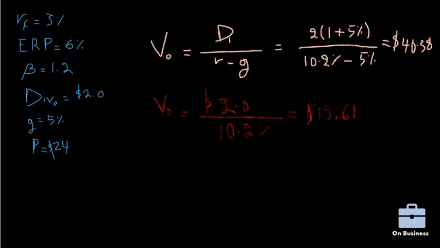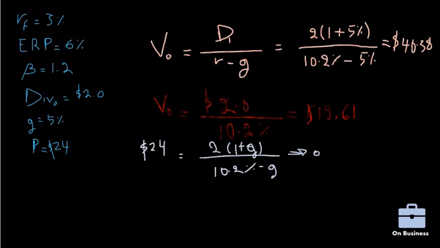I'll set the price equal to the value, so the price equals the value equals $24, and I have in the numerator 2 into 1 plus G, and in the denominator I have 10.2 minus G. Solving for this will give me an implied G, which is equal to 1.72%, and this is the G.